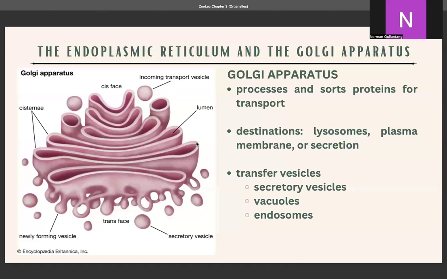So the Golgi apparatus is just a series of membranous sacs that are present in the cell. The main purpose of the Golgi apparatus is to process and sort proteins for transport.